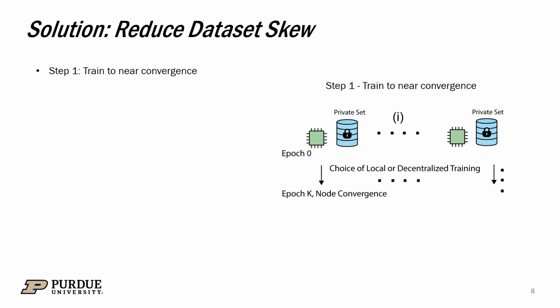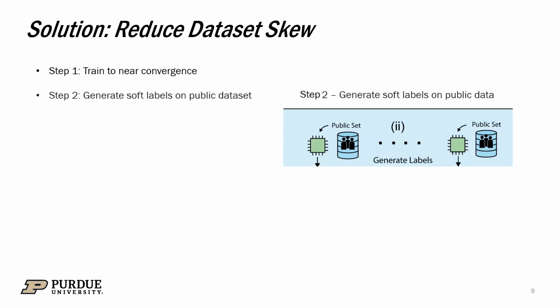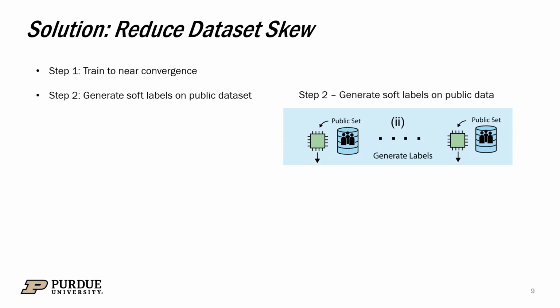The first step of IDKD is to pick a baseline algorithm, such as DSGD or QG-DSGDm, and train it to near convergence. The next step of IDKD is to take the public dataset and generate soft labels.